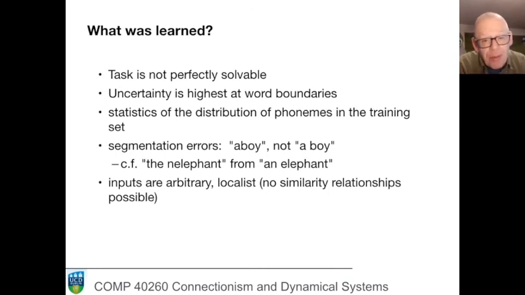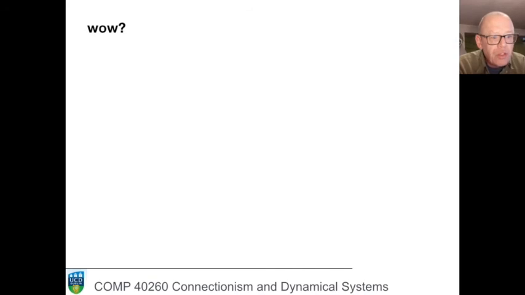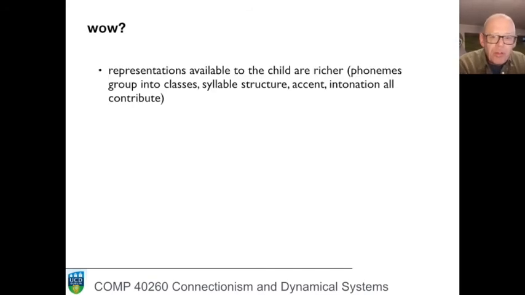They chose to represent letters in the most primitive way possible, no similarity relations whatsoever, purely localist representations. So, what should we say about this? Well, we should say that this bears little or no relation to what a child is doing when it's learning language.